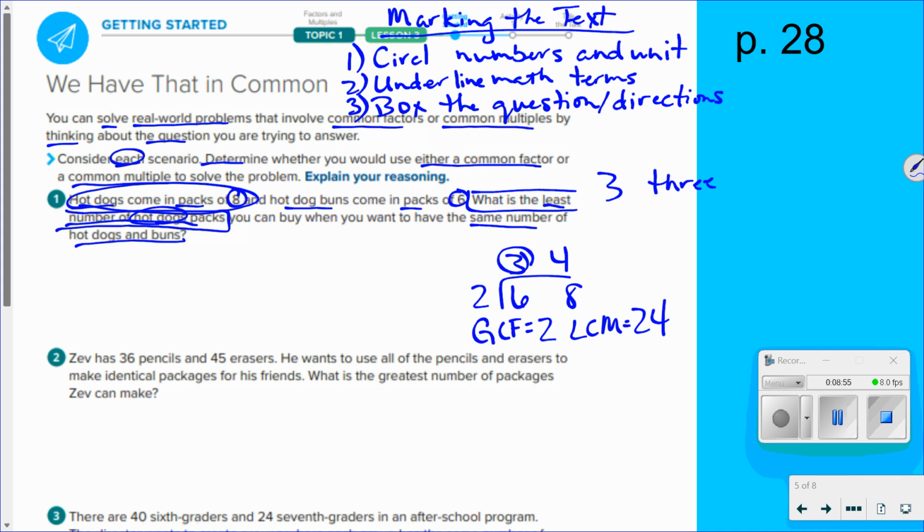Good? Go ahead. It's the least number of hot dog packs you can buy when you have the same number of hot dogs and buns.